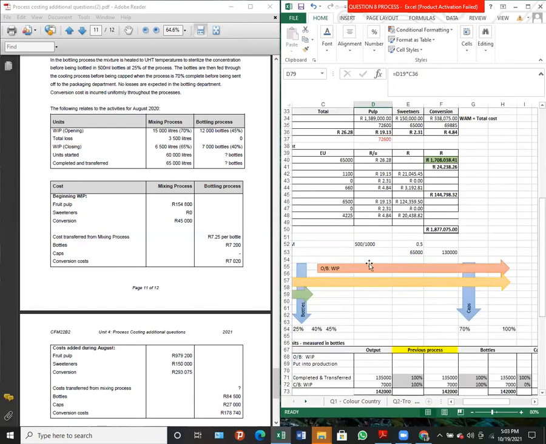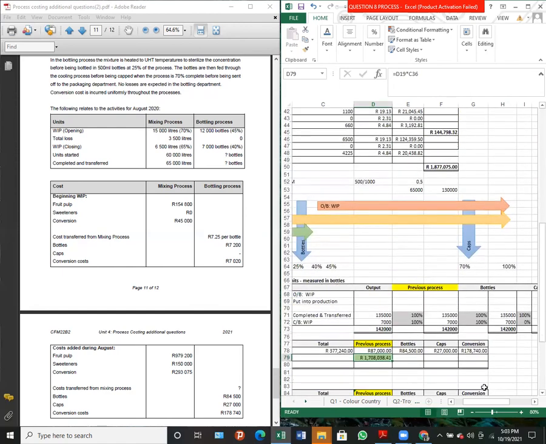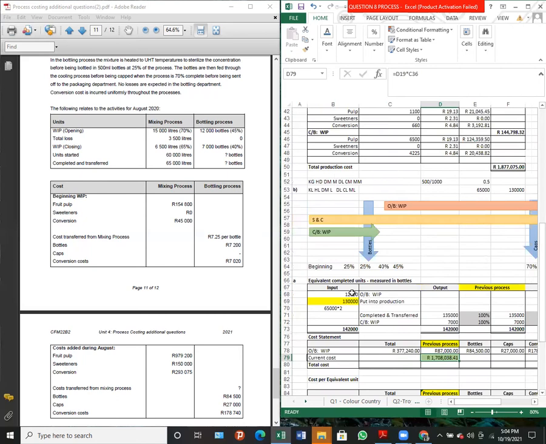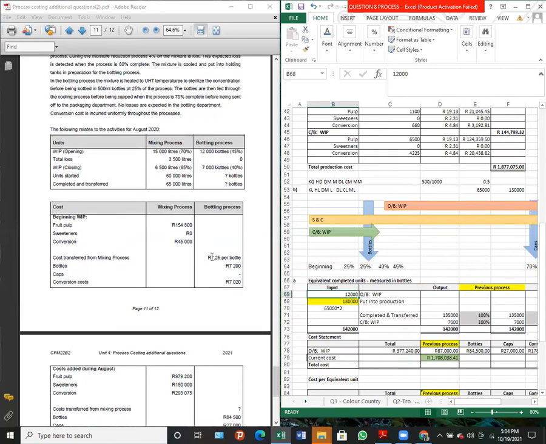And then we have the opening. Here we use the opening times, which is from the previous. You see, guys, it's from previous. Cost transferred from mixing process, which is our previous process, guys. Opening, we use the opening. Ne?